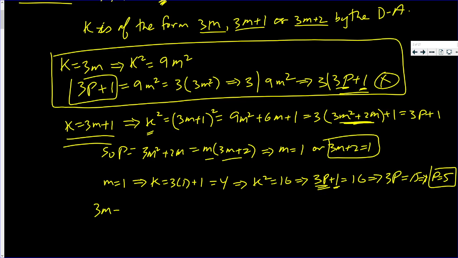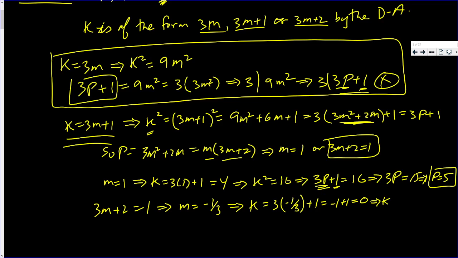Okay, now, what if 3m plus 2 was 1? If 3m plus 2 is 1, that would imply m is negative a third, which isn't necessarily bad, that it's a fraction. So k is 3 times m plus 1. Well, that's negative 1 plus 1, which is 0. So k is 0.